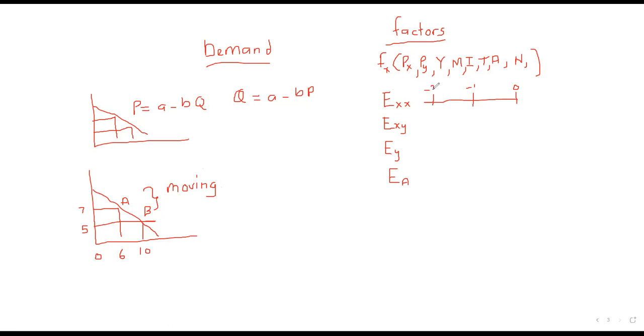So anything between 0 and -1 is called inelastic. Anything exactly at 1 is unit elastic. Anything above 1 is elastic. So at 0, it's not very sensitive. At 1, it's just 50-50. More than 1, it is what? Elastic. So you need to comment whether demand is elastic, whether demand is inelastic.